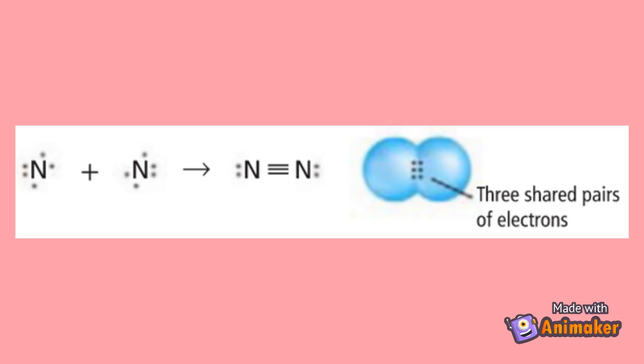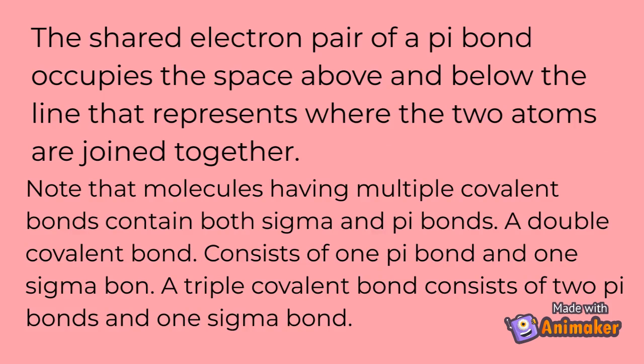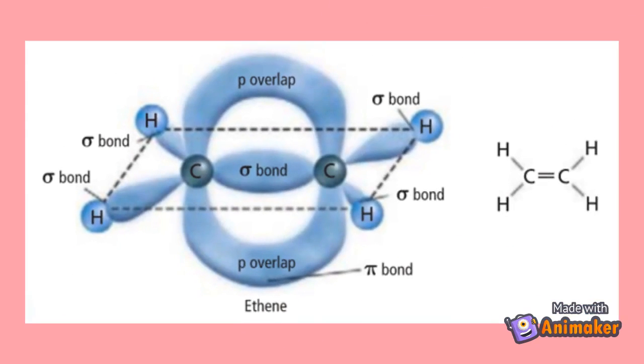Each nitrogen atom shares 3 electron pairs, forming a triple bond with the other nitrogen atom. It consists of a sigma bond and pi bonds.